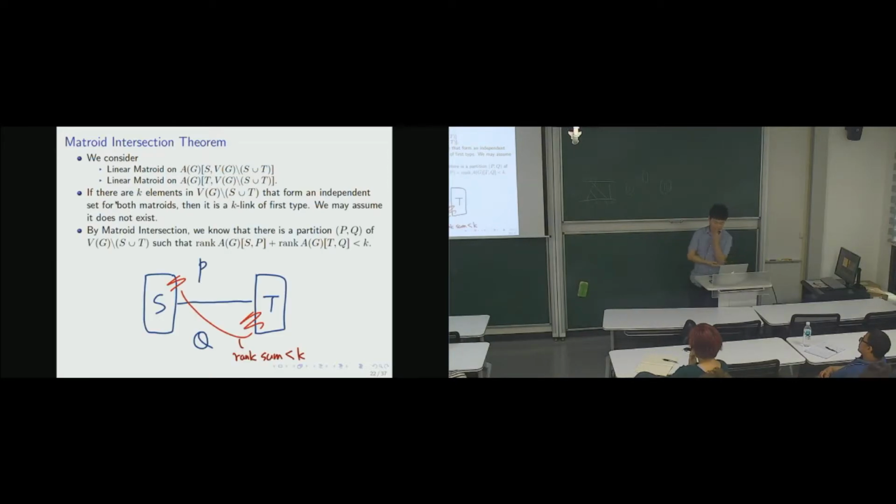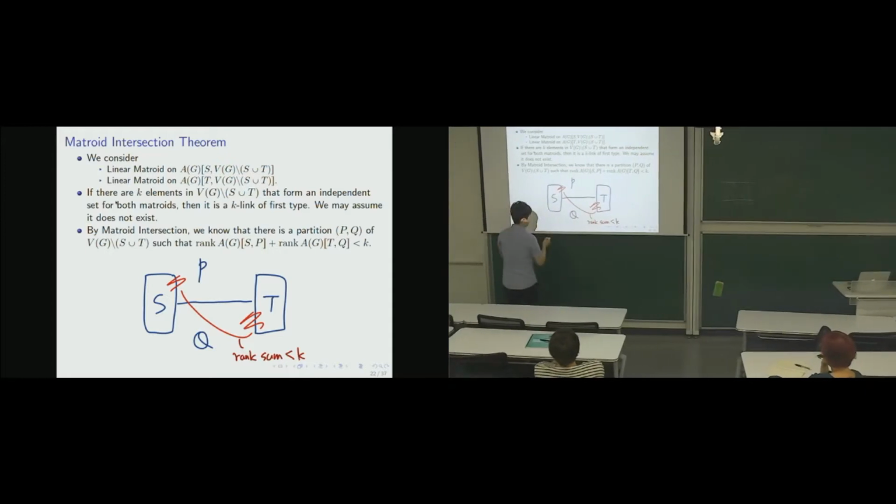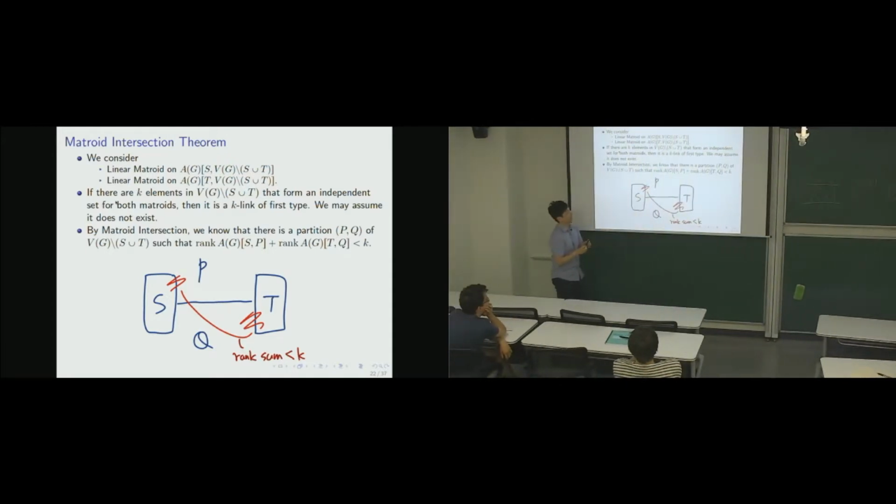This means that by the matroid intersection theorem, if you don't know the matroid intersection theorem, you can just see the result. We know that there is a partition of the rest set into P and Q such that the rank between S and P is small, and the sum of the rank between S and P and the rank between Q and T is less than k. There is a min-max theorem in matroid intersection, and it implies this result.